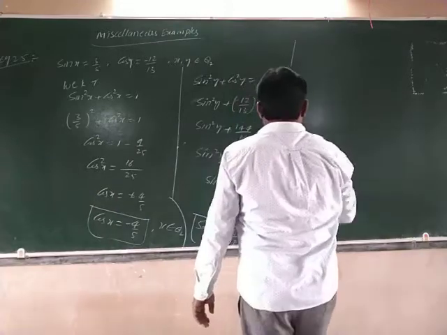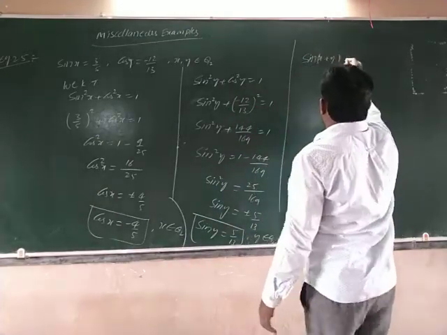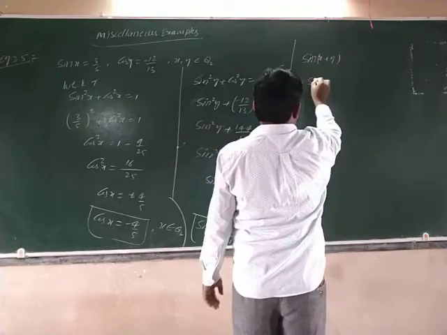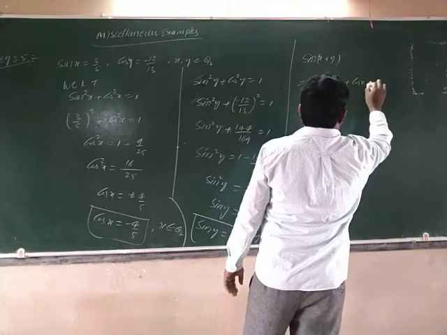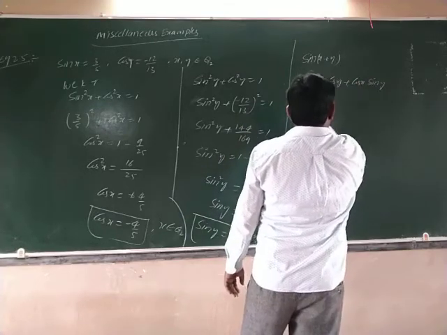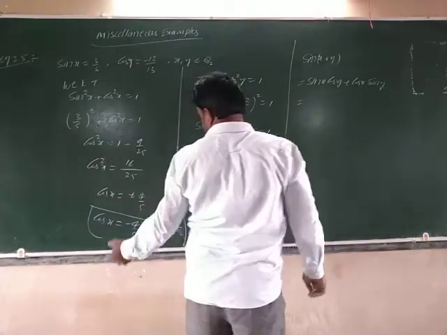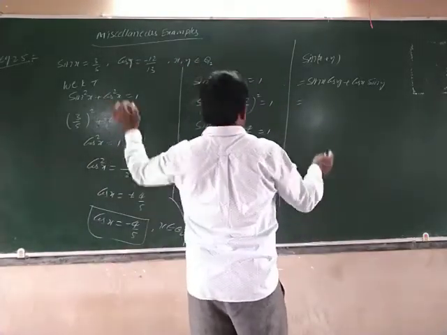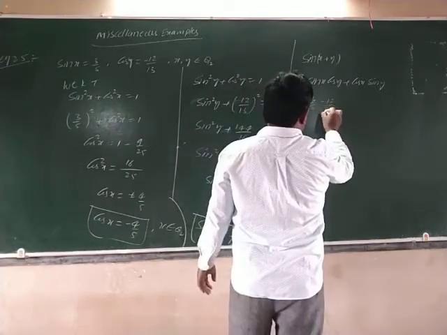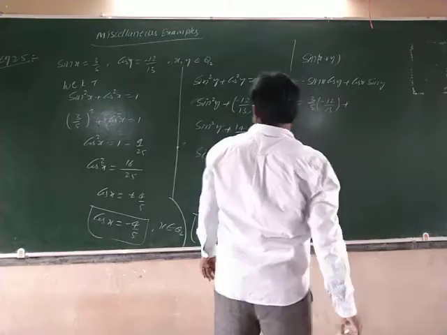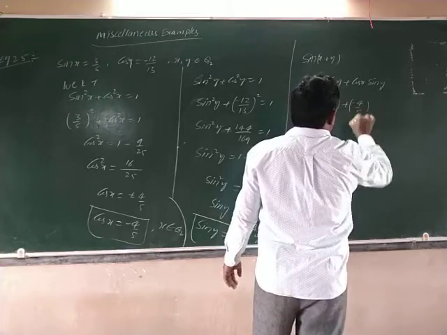Now easily we can find the sin of x plus y. Sin of x plus y is equal to sin x cos y plus cos x sin y. Sin x value is 3 by 5, into cos y. Cos y is equal to minus 12 by 13, plus cos x, cos x is equal to minus 4 by 5, into sin y.